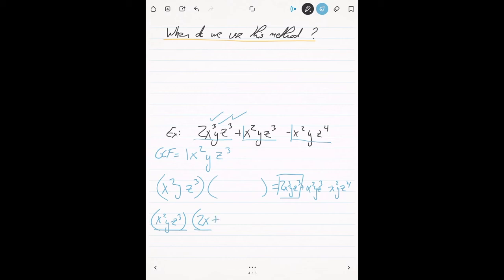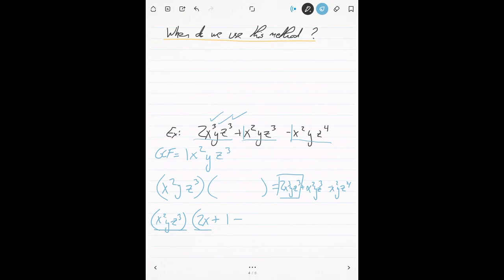Now let's add on the next term. The next one has an x squared, a y, and a z cubed. That's exactly what our GCF is. So we don't need to change anything. We can just multiply that by a 1. Then let's get to the last term. It's a negative.